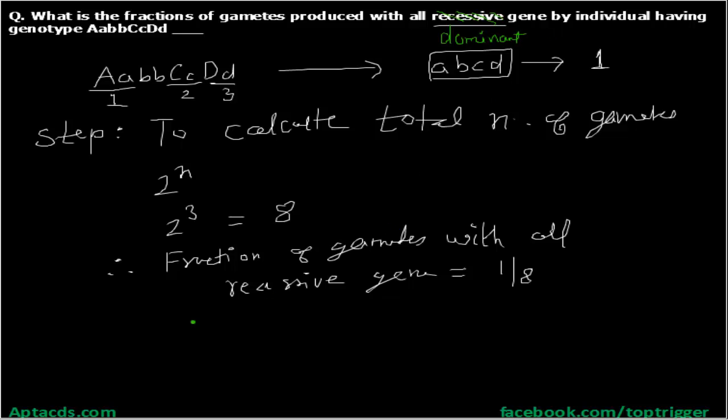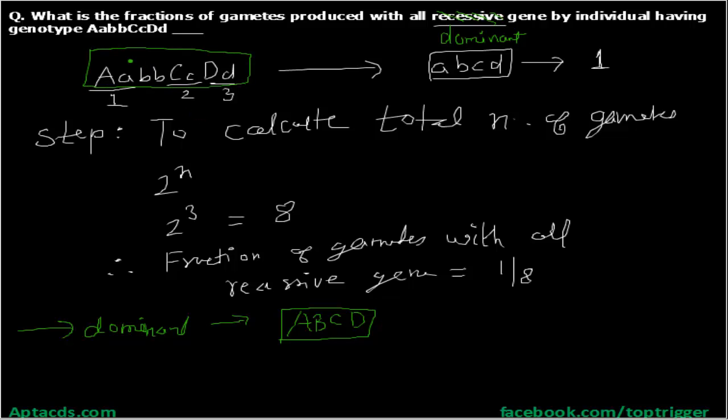Going by the same logic, for dominant we are looking for the genotypic constitution capital A, capital B, capital C and capital D. This genetic constitution is just not possible in this particular genotype, the reason being that it has two small b, so the capital B is lacking.